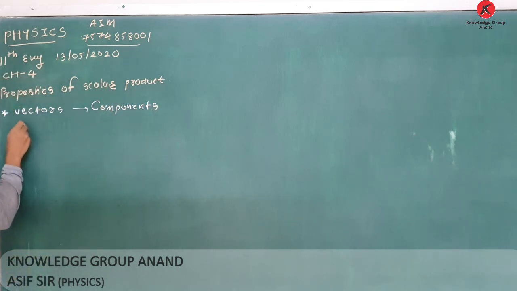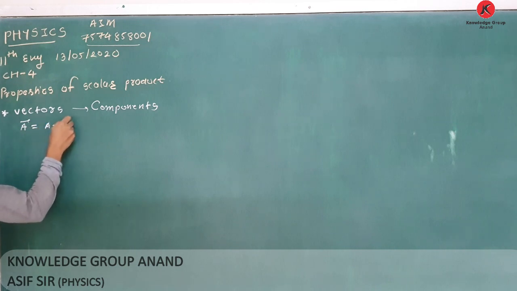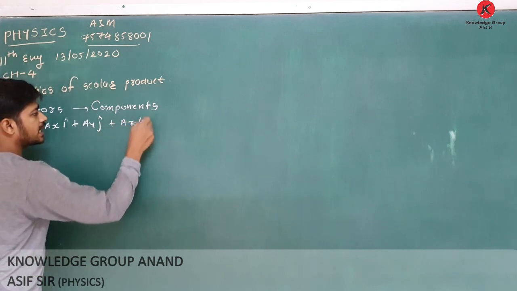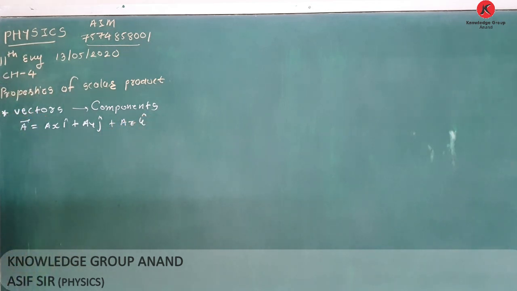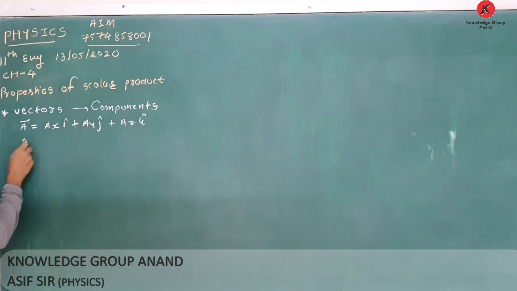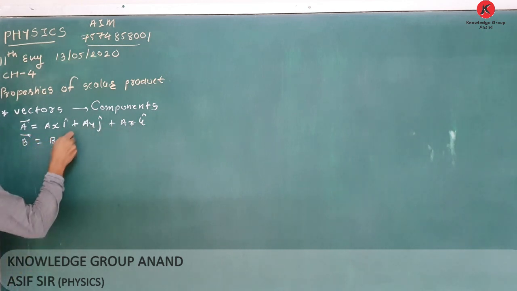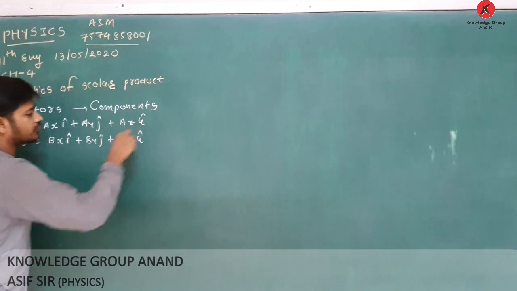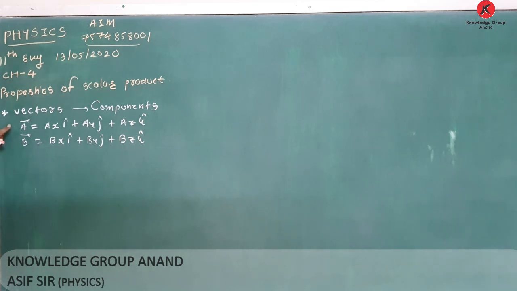For example, if we have vector A equal to Ax i caret plus Ay j caret plus Az k caret, for three dimensional motion, and another vector B equal to Bx i plus By j plus Bz k. Clear about this? So we are assuming two vectors, A and B. Now we will take the dot product, that is A dot B.